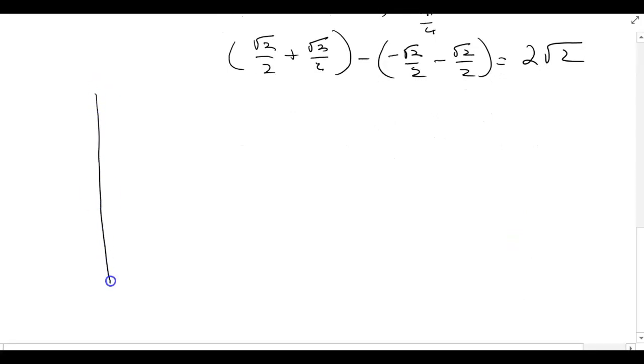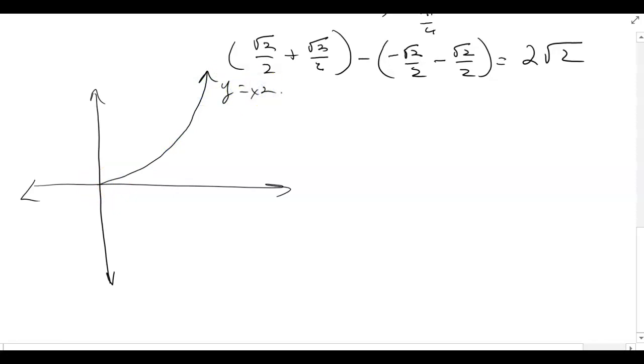Now, let me throw in something a little different. Suppose we had, so let's do y equals x squared as one function, right? Y equals 4x. My ratio, they're going to be off a little bit. That's okay. This is y equals 4x.